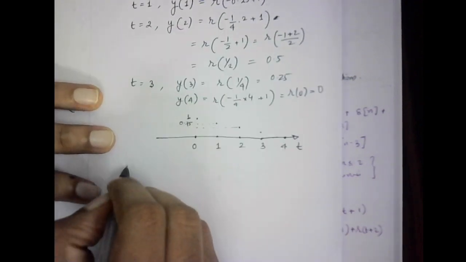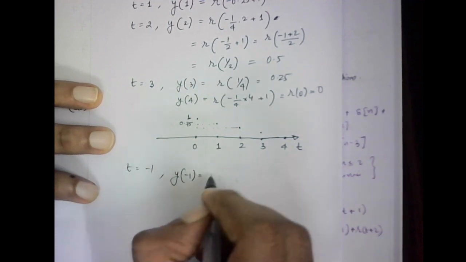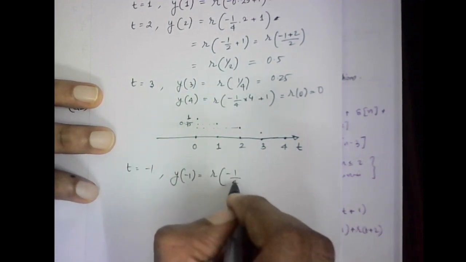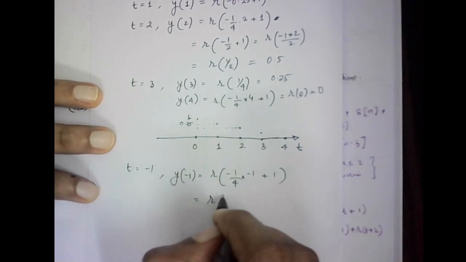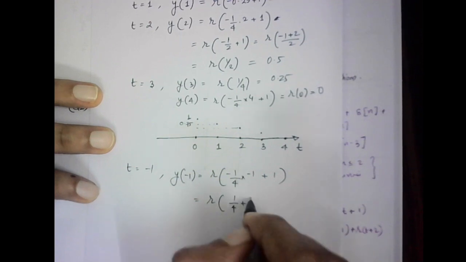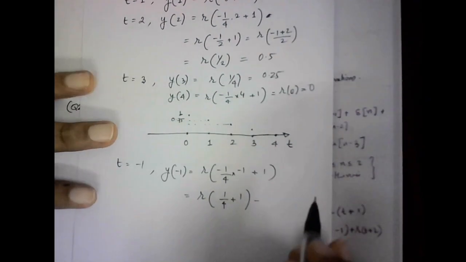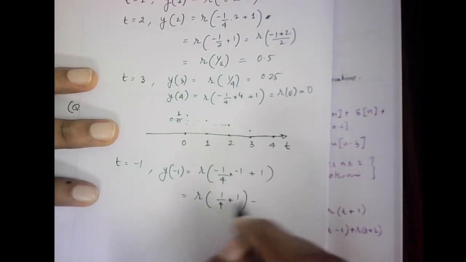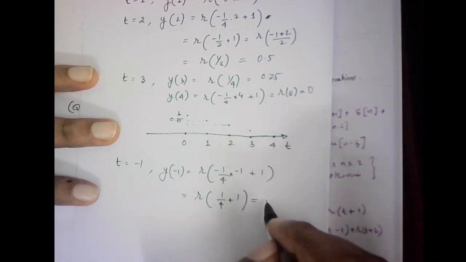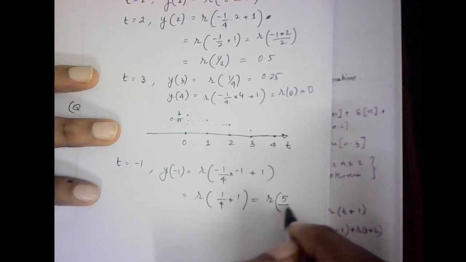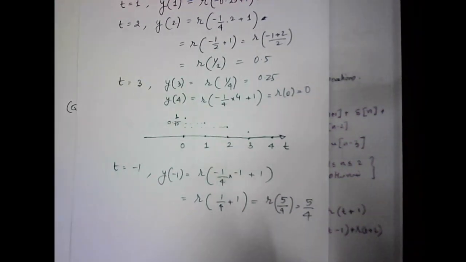Now let's try for t is equal to minus 1. So y of minus 1 is equal to r of minus 1 by 4 into minus 1 plus 1. It is equal to r of 1 by 4 plus 1, which is nothing but r of 5 by 4.